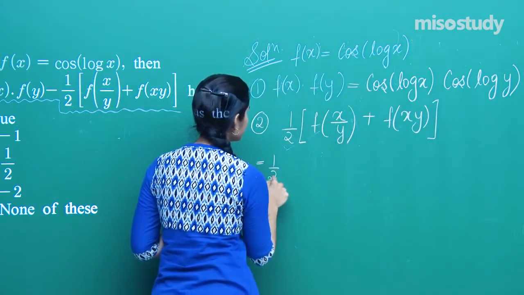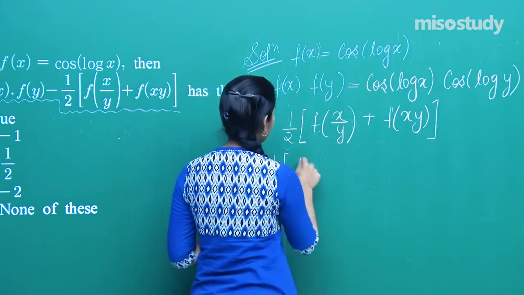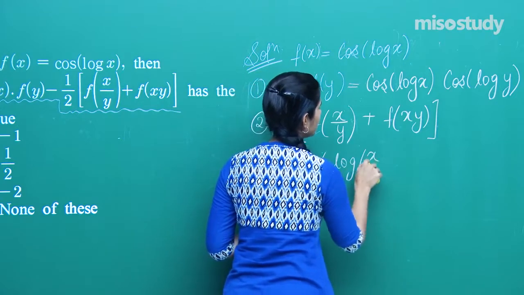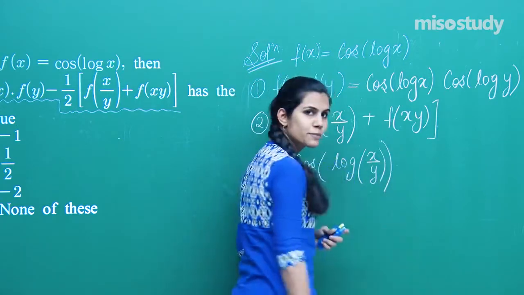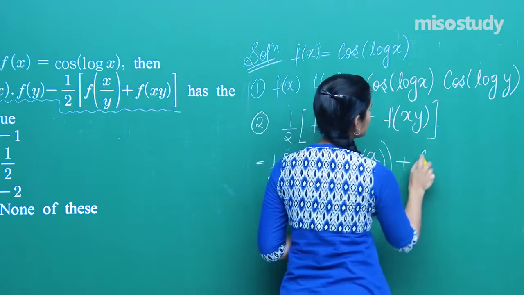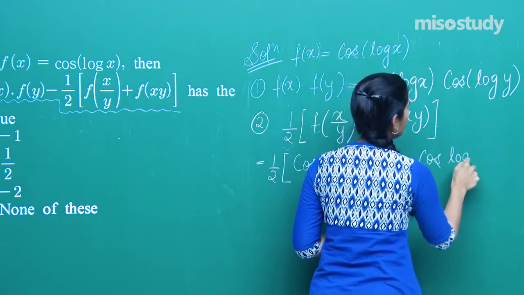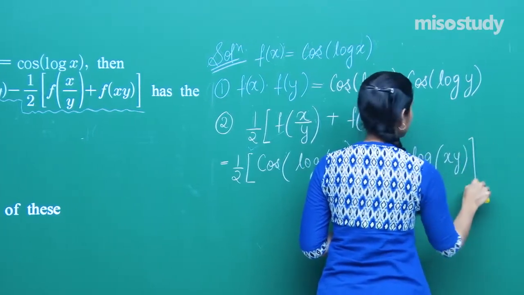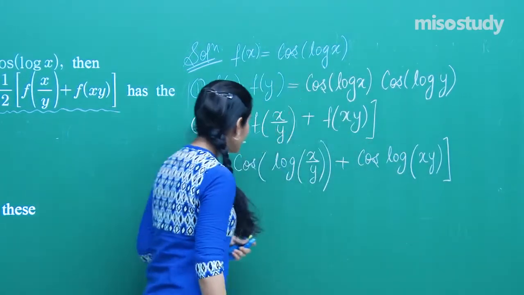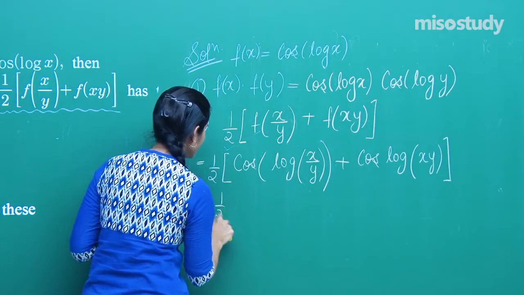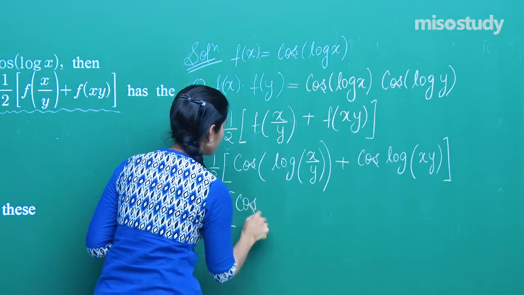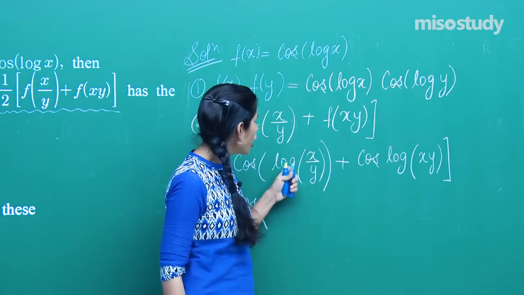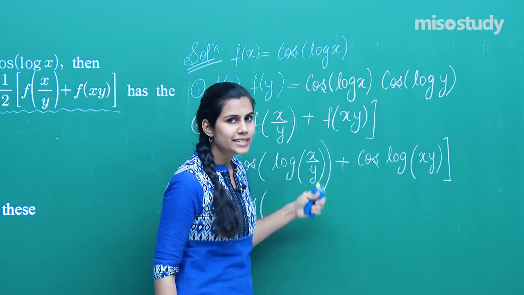This is nothing but half of f of x by y, which means cos of log of x by y plus cos of log of x into y. But you know that already, log of m by n is log m minus log n.